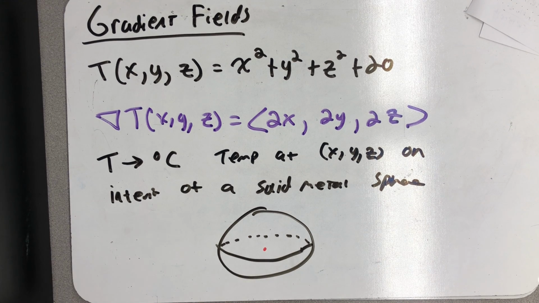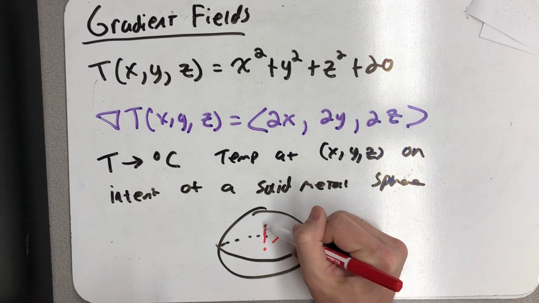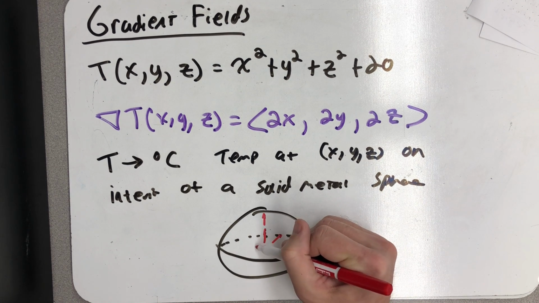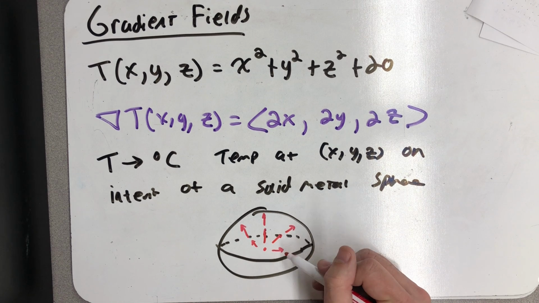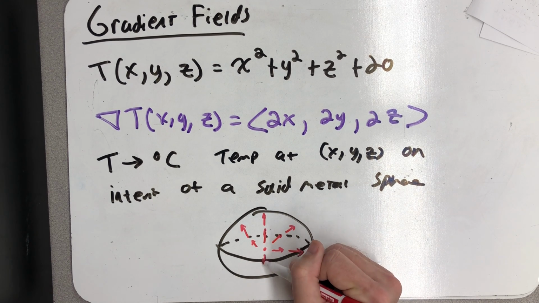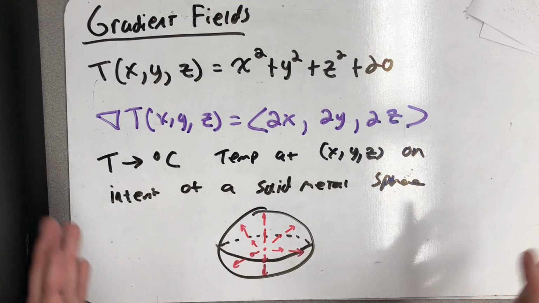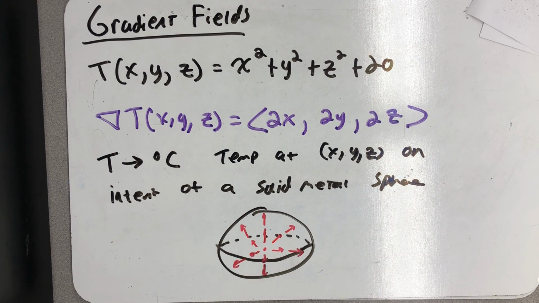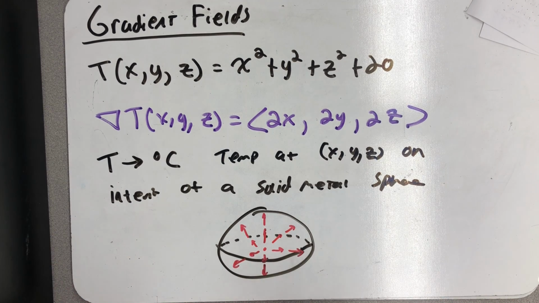I'd get the 0 vector, but for every other point, I would get out a vector that was always pointing away from the origin and getting longer and longer and longer. Meaning that my solid metal ball was getting hotter the further away from the origin I got, like maybe it was in an oven. And that's an example of what we call a gradient field.